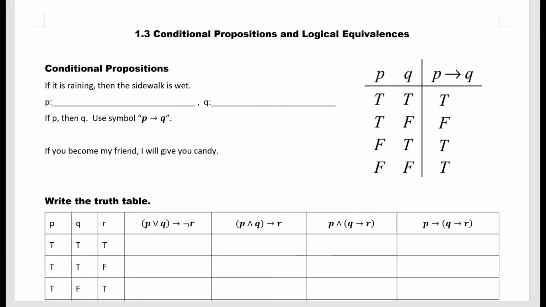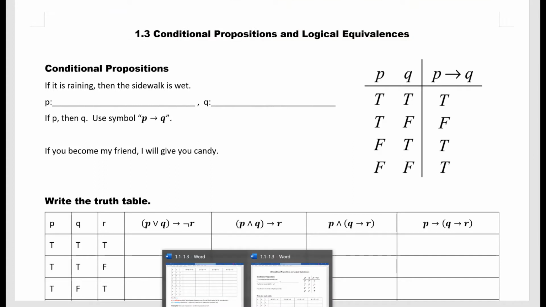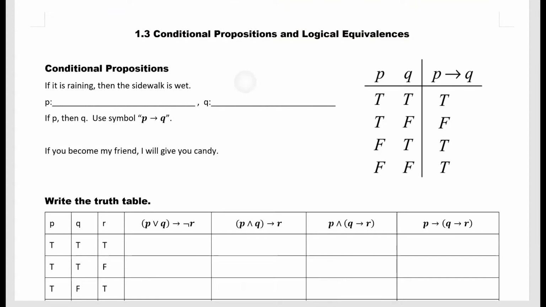Conditional propositions. If it is raining, then the sidewalk is wet. So what is P and what is Q? P is the statement, it is raining. Oops, let me change to the other color. Do you like purple? Okay, so we have it is raining.